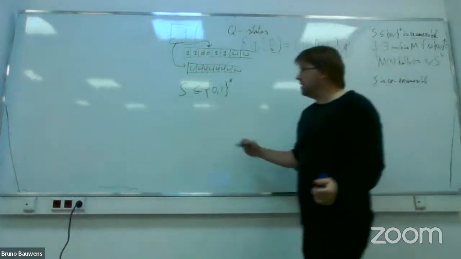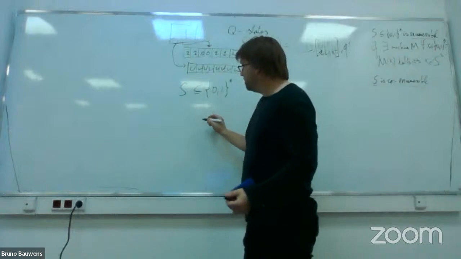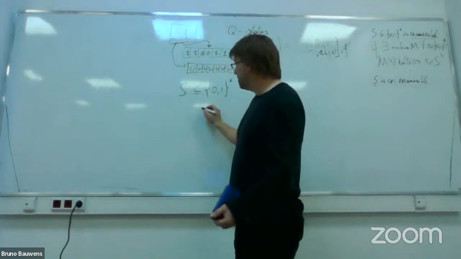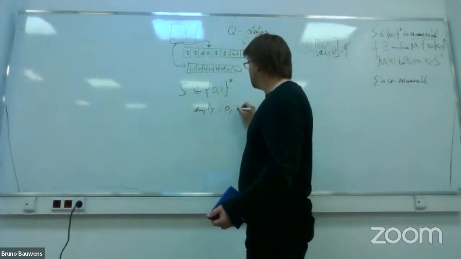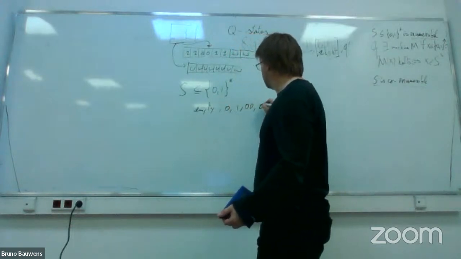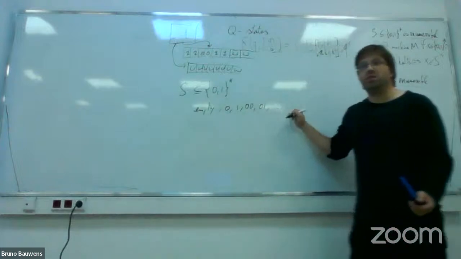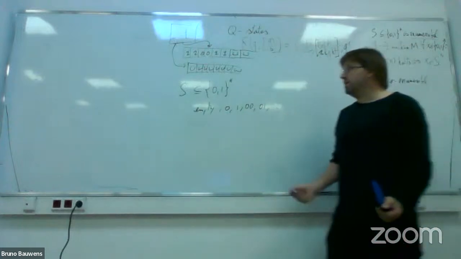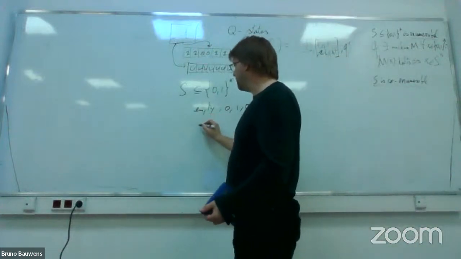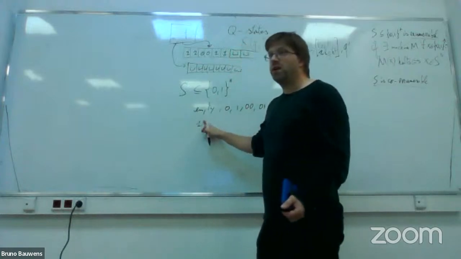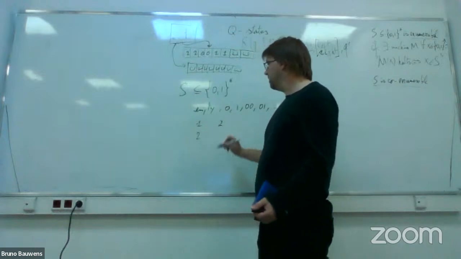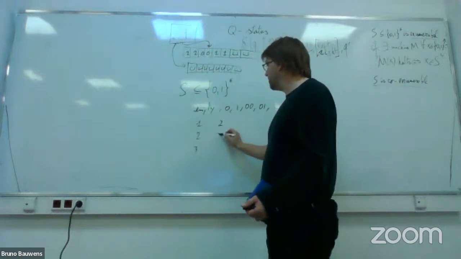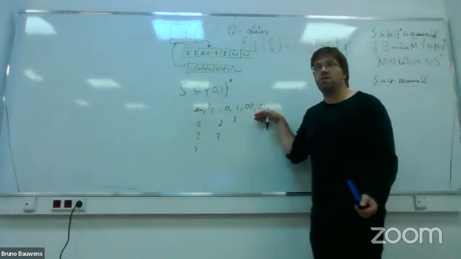It just means that the machine will make a list of all the strings. First there's the empty string, then 0, 1, so just understand lexicographic order of all strings. Then the machine will run the first program for 1 step, then the first 2 programs for 2 steps, then the first 3 programs for 3 steps, and so on.